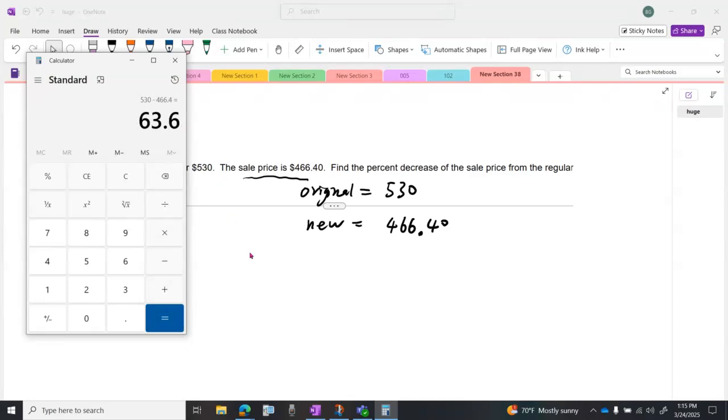And that's how much the price has gone down. It's gone down $63.60. And that's the decreased amount. The price has decreased by $63.60.